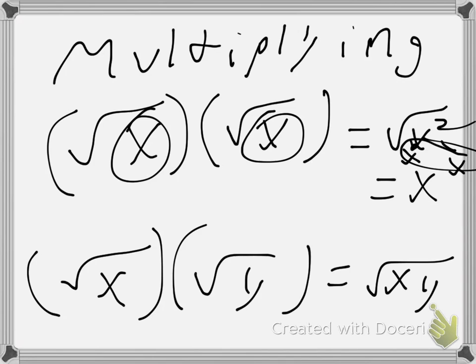But now you can also combine, through multiplication, different values underneath the radical. So you could have, say, x and y underneath different radicals, and when they multiply, you can still put them underneath the same radical. So square root of x times square root of y equals square root of xy.